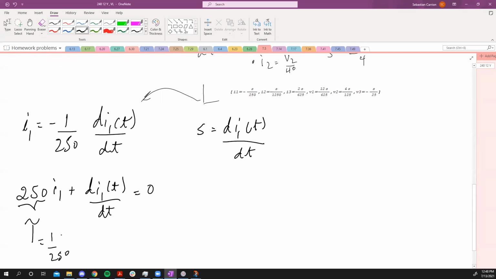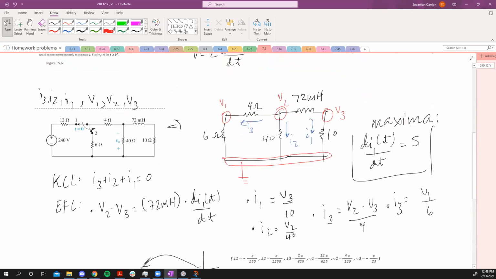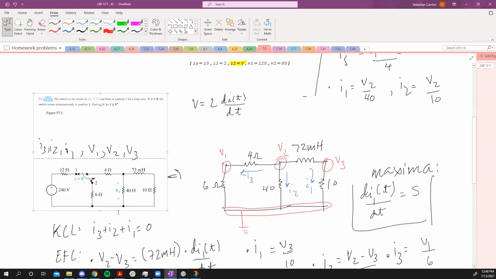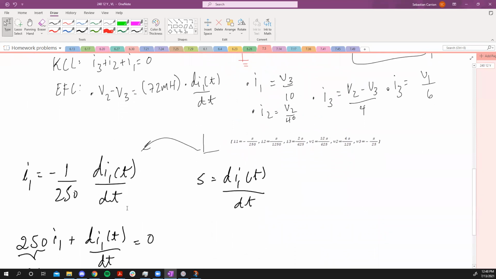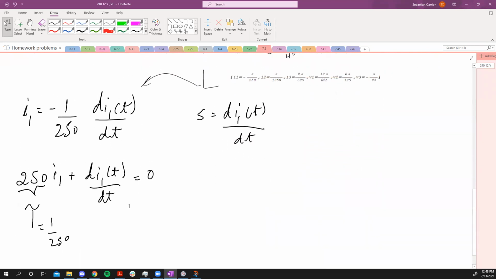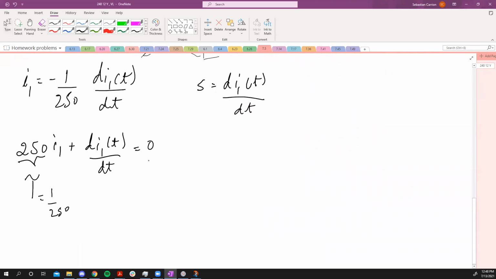And then we can, so it's asking for P naught, right? So I guess we can go ahead and write the equation for I1 for t greater than 0. So I1 t is going to be for t greater than 0.